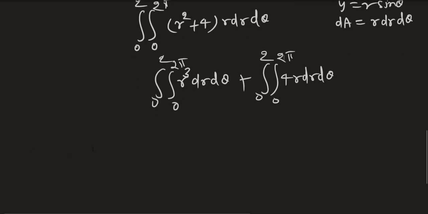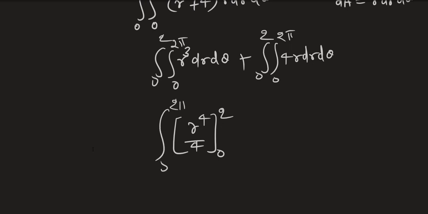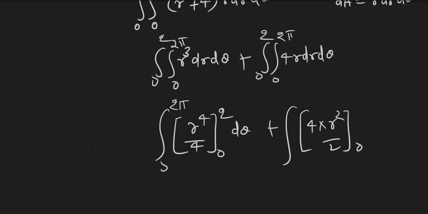Okay, now I think you can solve this. It would be simply r to the power 4 by 4, from 0 to 2, and d theta, plus 4 multiplied by r square by 2 with respect to r, and the limit would be 0 to 2, and you will be remaining with this d theta part.